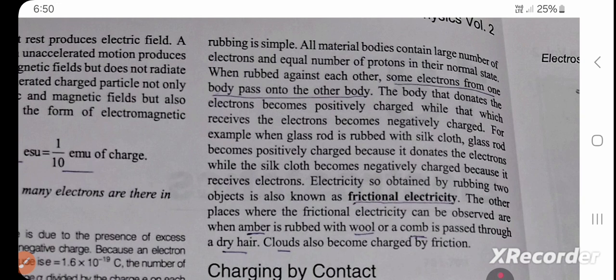There is positive and negative charge developed in different layers of the cloud, and due to that charge interactions we also get thunderstorm. And when we comb our dry hair, we also get this type of frictional electricity.